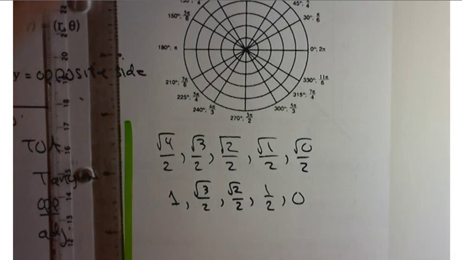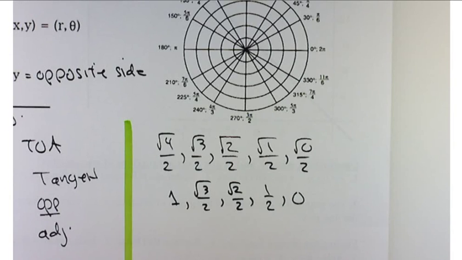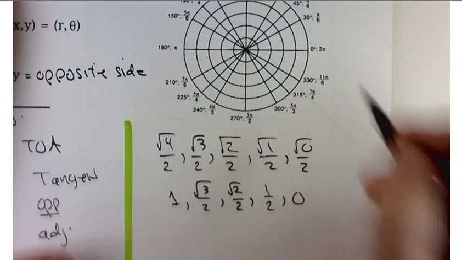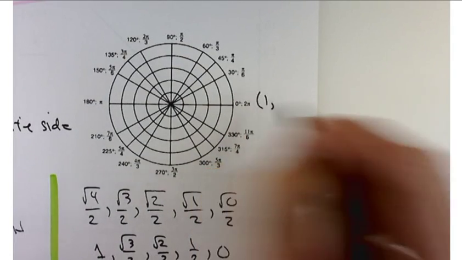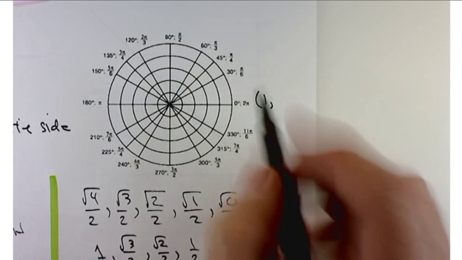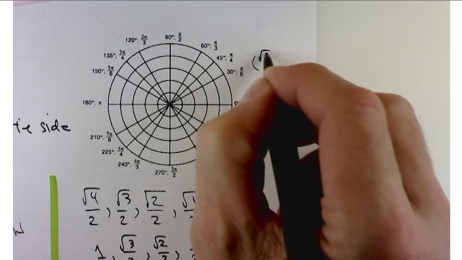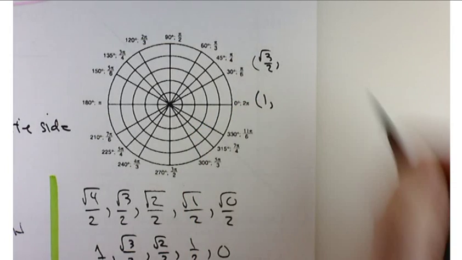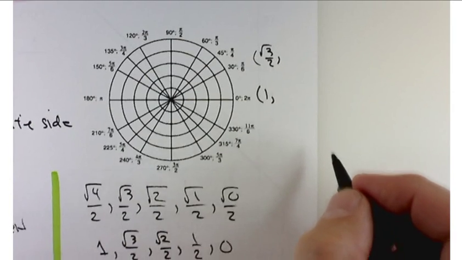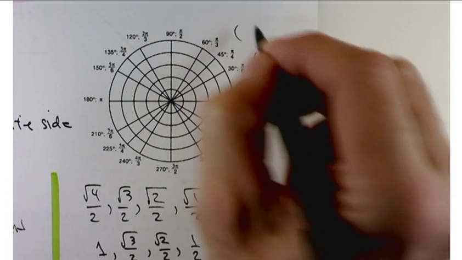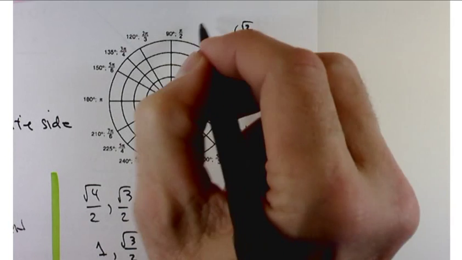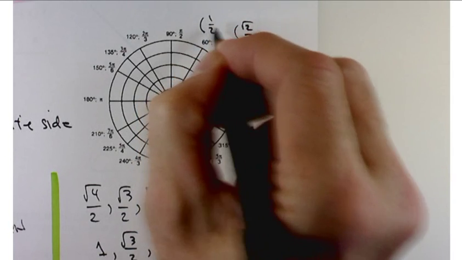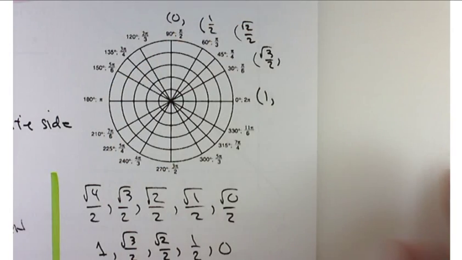So let's figure that out. Well, we'll start out on the x-axis here, and the x-coordinate here is a 1. And then I move up to 30 degrees, and the x-coordinate is square root of 3 over 2. And then the x-coordinate at 45 degrees is square root of 2 over 2. And then 1/2, and finally 0.